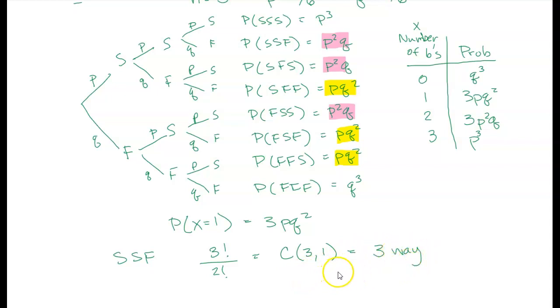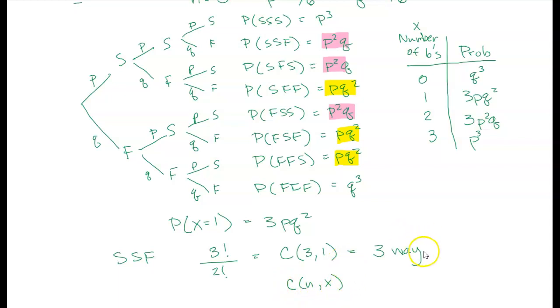So if we want to generalize, then essentially it's the number of trials, n, choose x, whatever value of x we're looking for. In this case, it was exactly one 6. So 3 choose 1 is you have 3 trials, and we want exactly one of them to be a 6, so it's n choose x.